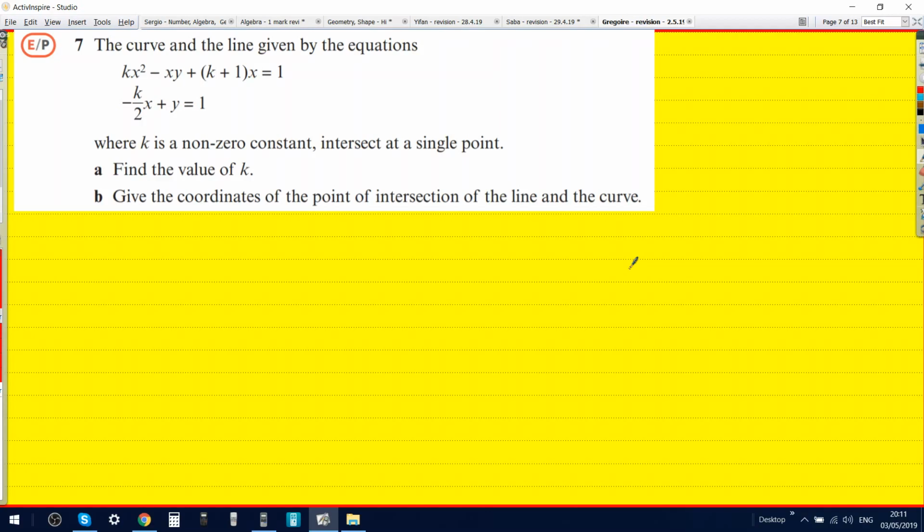The value of k. So we can make them equal to each other because they both equal the same thing. So kx squared minus xy plus k plus 1x equals minus k over 2x plus y.